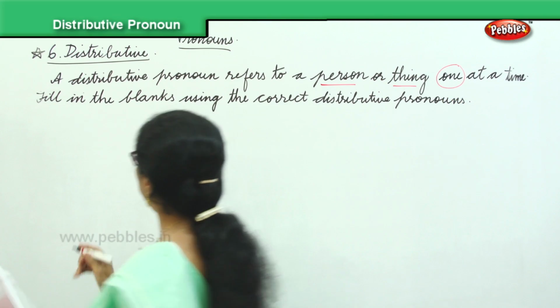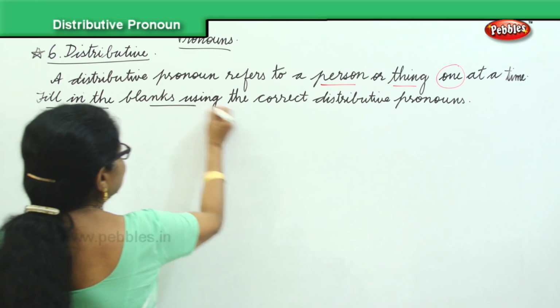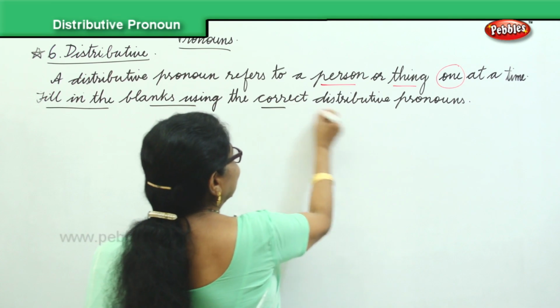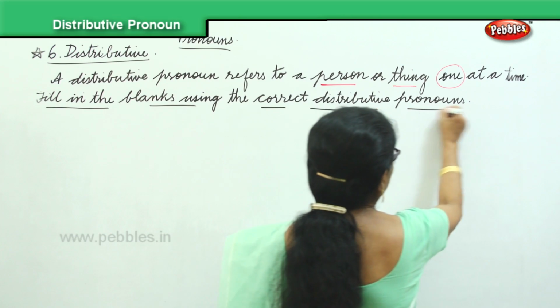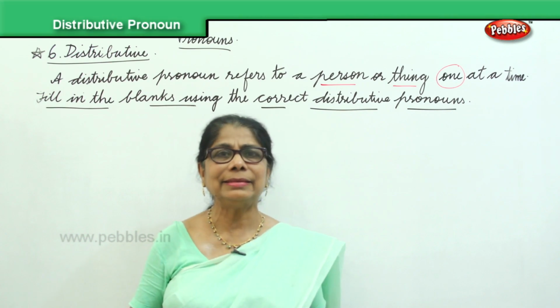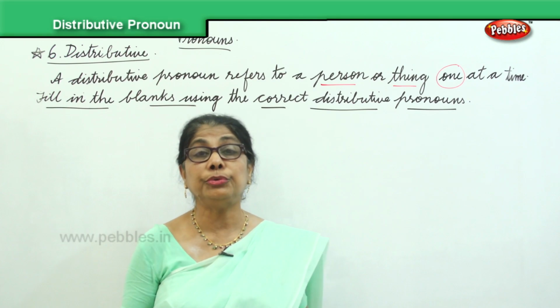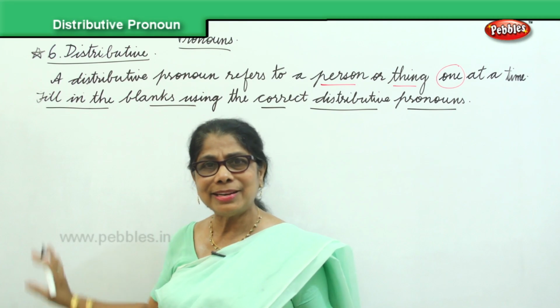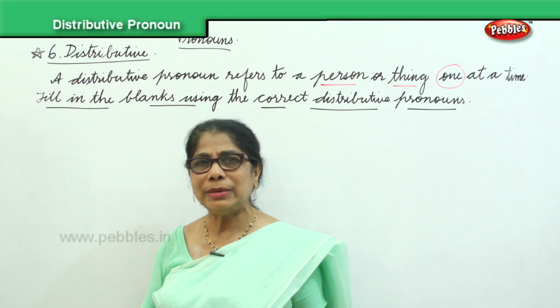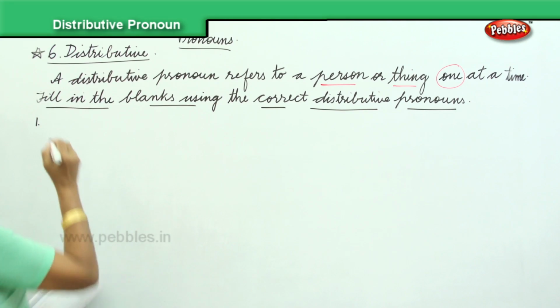And that's what we are going to do. We are going to do a fill up using the correct distributive pronouns. So I will write the sentences, the blank and 3 words for you to choose from. And after I've written all, you read aloud, say aloud, and find the correct answer.